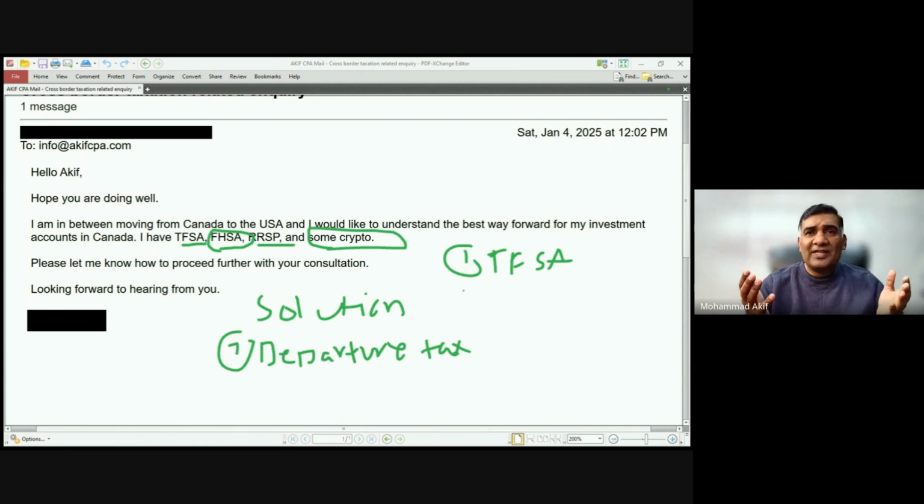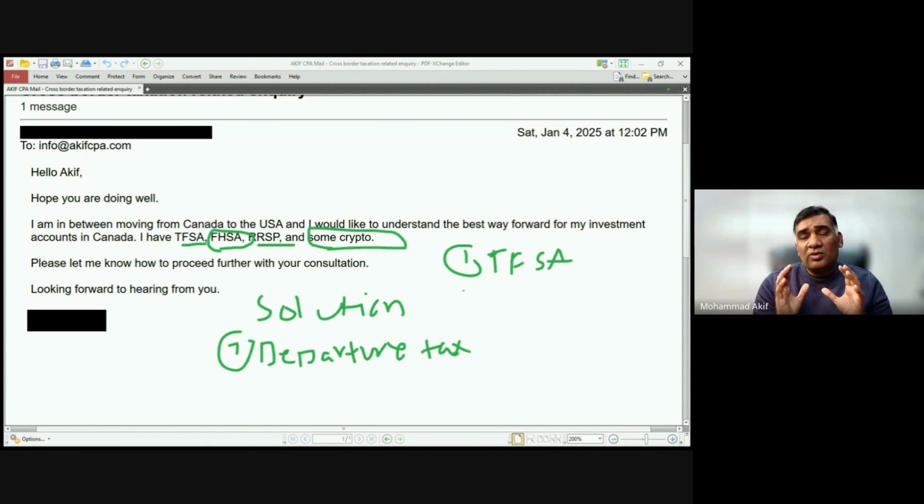So the whole point of having a non-taxable account on the Canadian side really goes away when you move to the United States with a TFSA.